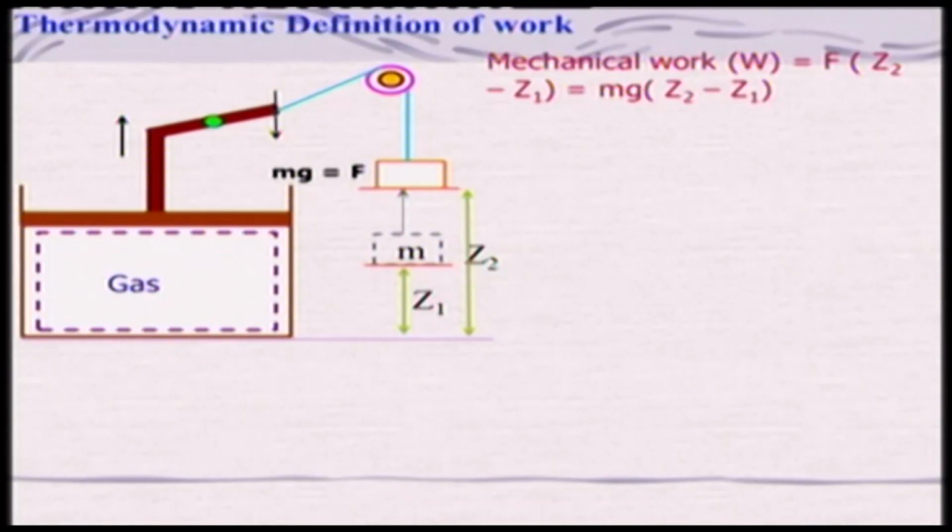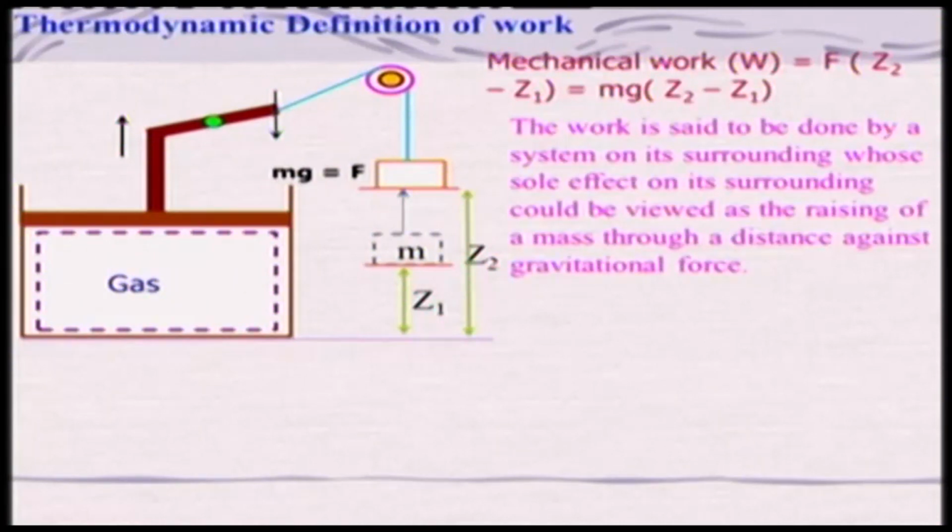So basically you can think that work is said to be done by a system on its surrounding if the sole effect on its surrounding could be viewed as the raising of a mass through a distance against gravitational force, right.